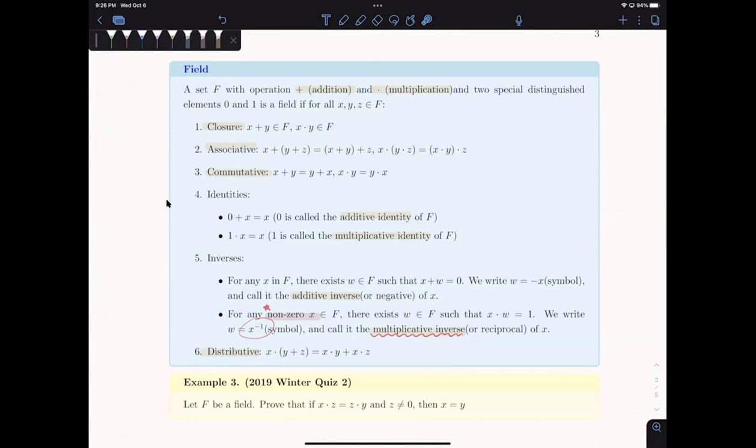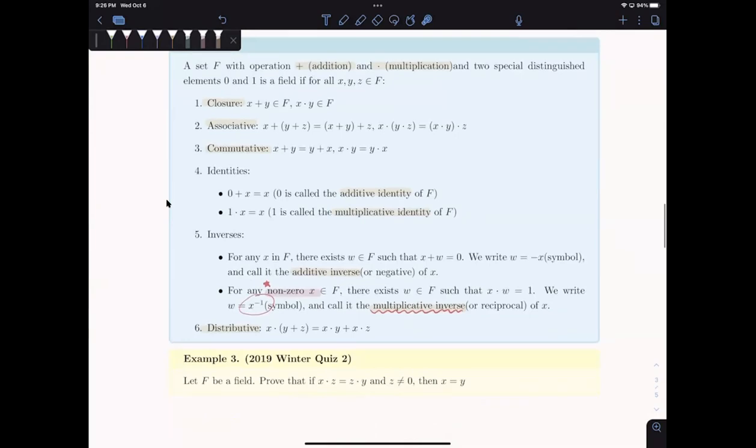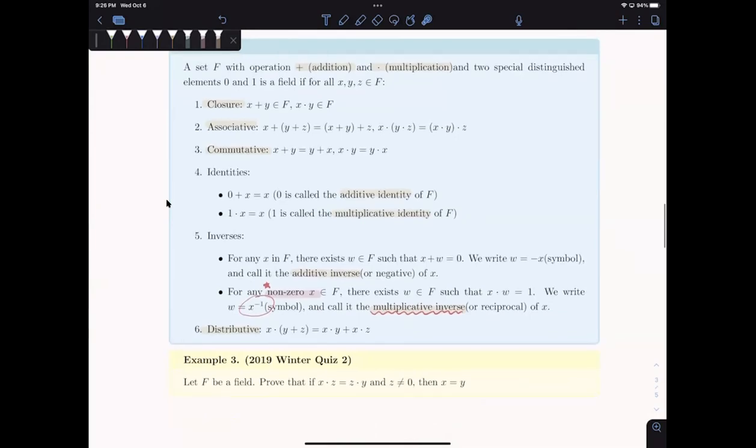If it's not 0, it's going to be given to you in the question. It will say x does not equal 0. That's one of the things that people always lose marks on. They did not mention that it's because it's not 0. That's why we have inverse.